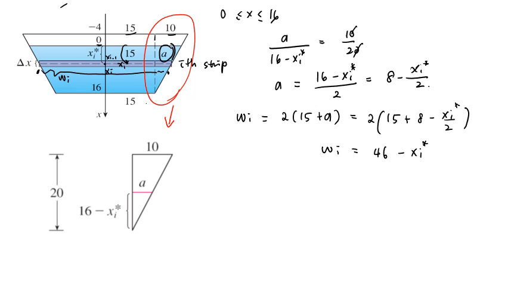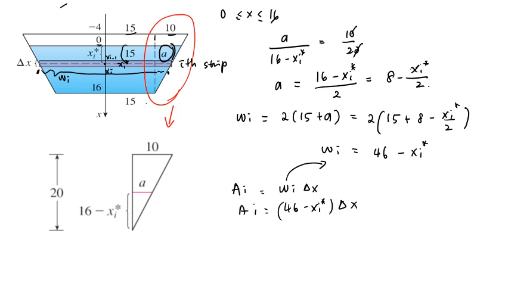For the i-th strip, the area is just the width times the height, i.e. wi times the height delta x. So that will be equal to 46 minus xi star times delta x.